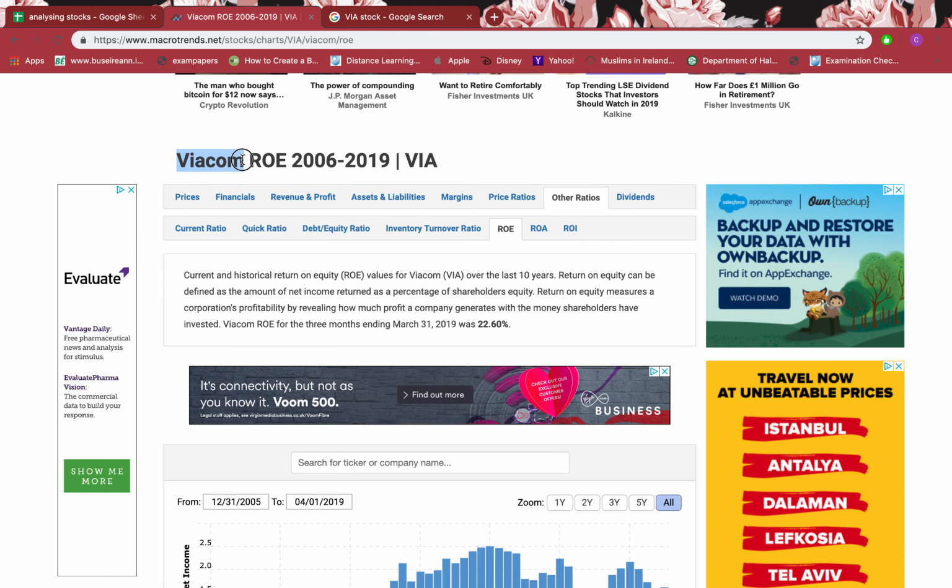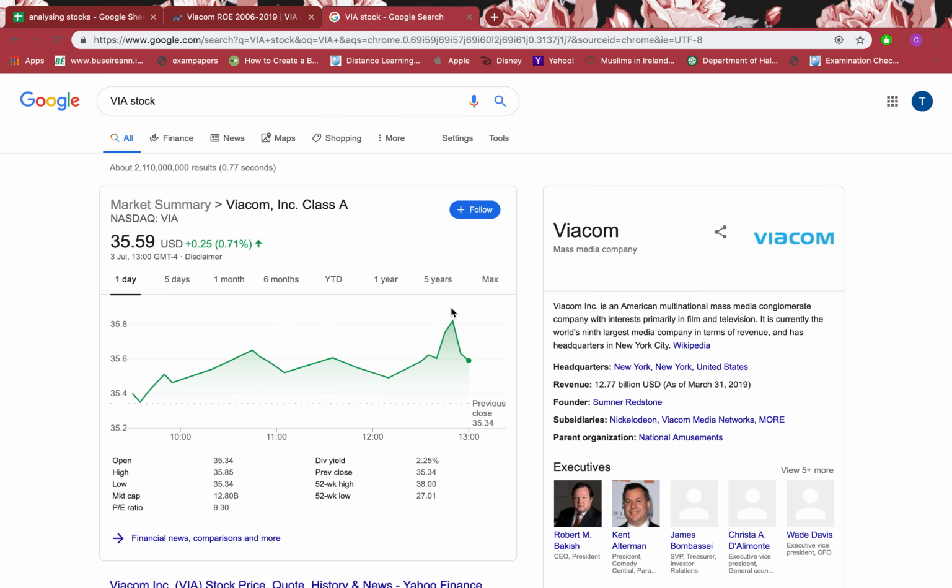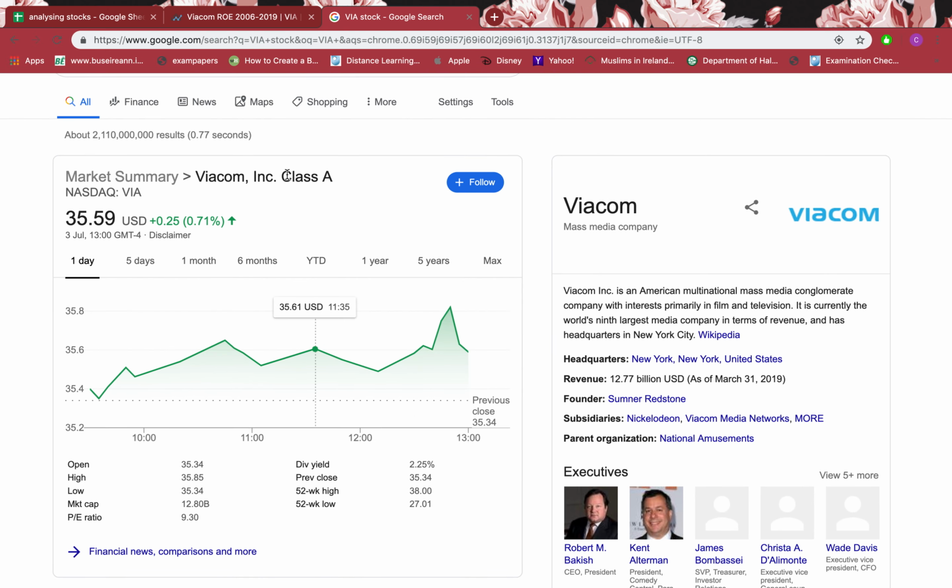Let's see if it pays any dividend. Yes, it does. In Google, when I type that, you can see dividend yield 2.25%. A company that pays dividend gives a very strong image that it's doing financially very well, because dividend means that after the company has paid the debtors, they have paid their loans, their dues, and everything, they still have money left, and that money they give to shareholders.